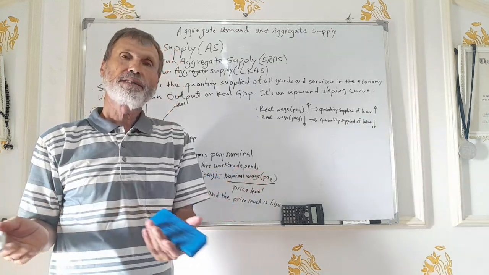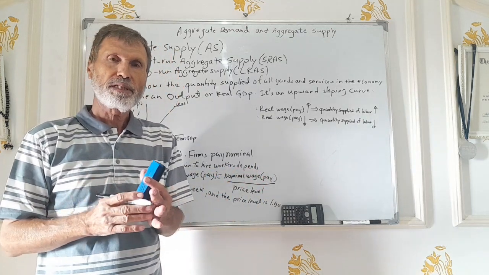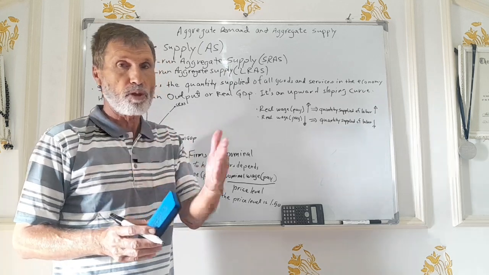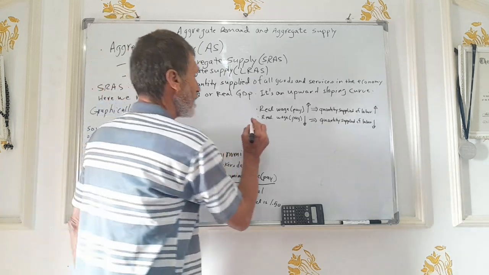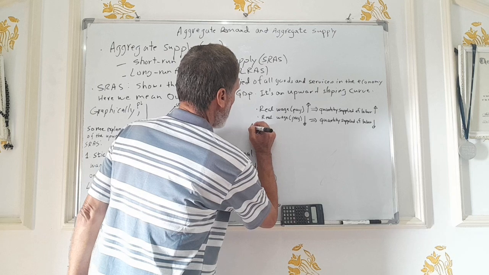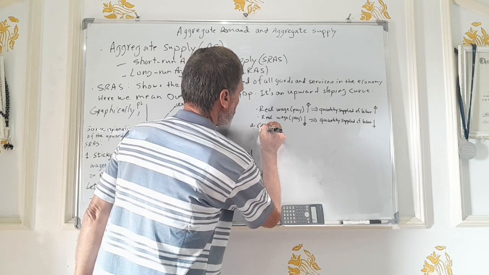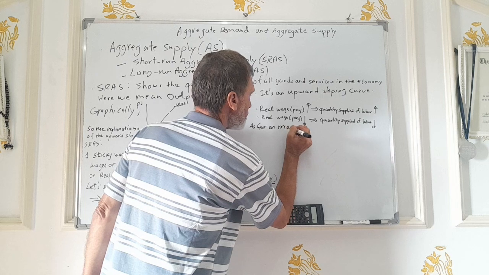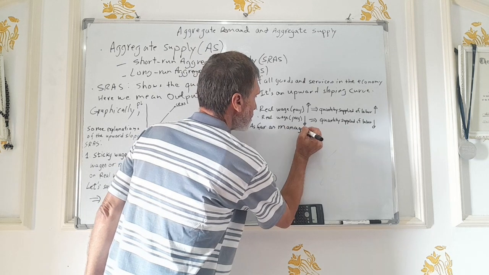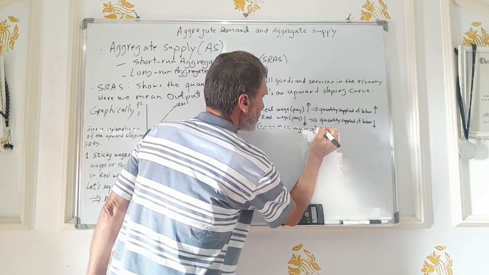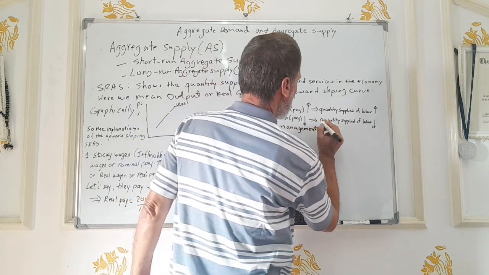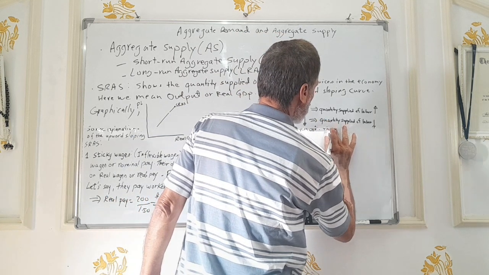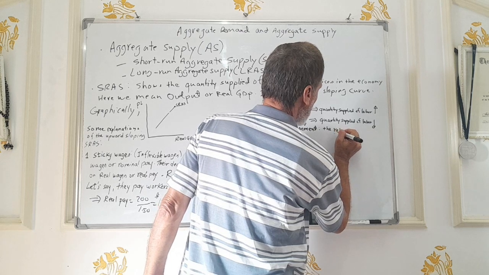Great. What about the firms? The quantity demanded of labor is related to the firms, to the businesses, the management. As far as the firms, as far as management, the relation is different.